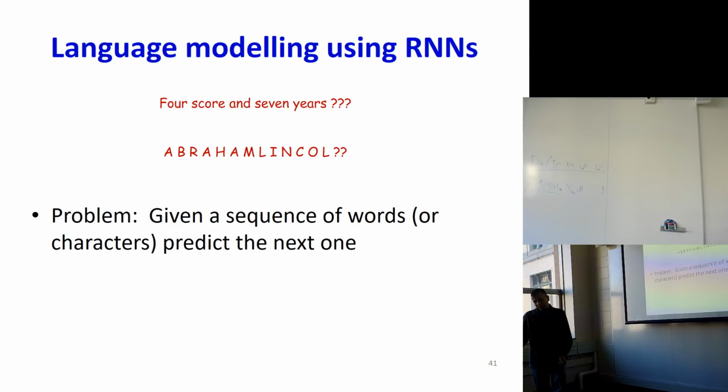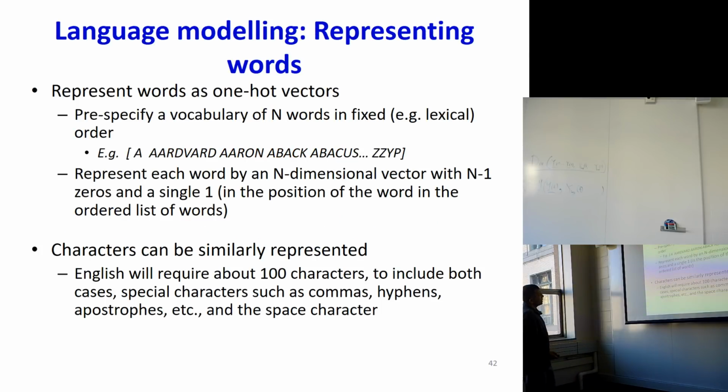It's going to be an N. So given a sequence of symbols, you're predicting the next one. This is the primary task. And the way we'll do it, as I just mentioned, is to represent the words as one-hot vectors: specify a vocabulary in sorted order, and represent each word by an n-dimensional vector with n minus 1 zeros and a single one in the appropriate position.